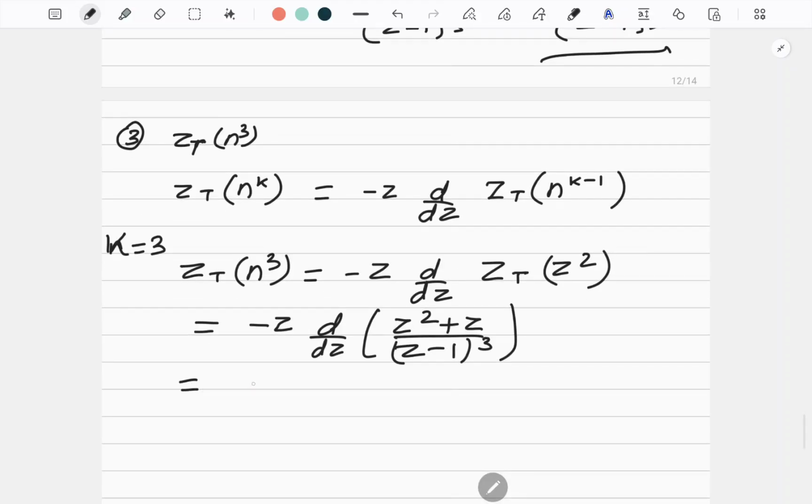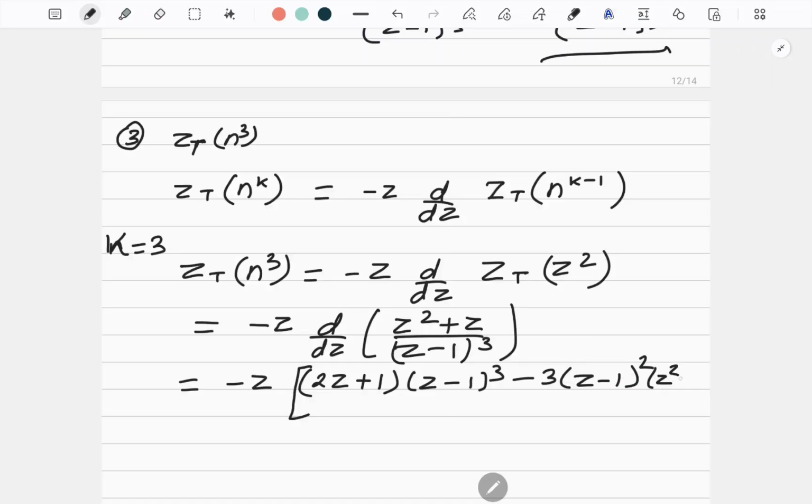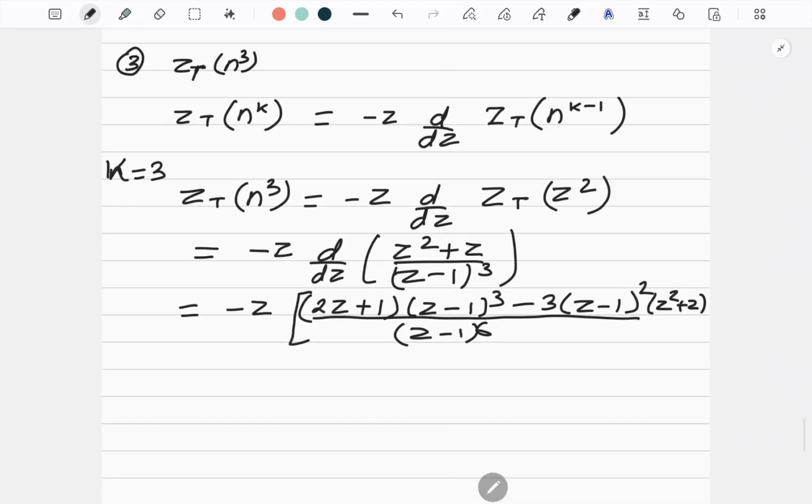Now differentiate. So again the division rule: differentiation of the numerator is 2z plus 1 into the denominator, minus differentiation of the denominator into the numerator, upon the denominator square. Right? Now in the numerator, z minus 1 whole square you take common and cancel it by the denominator.